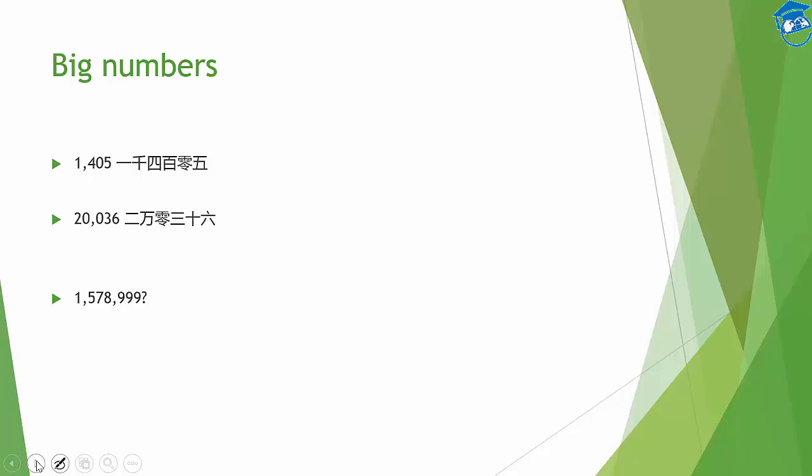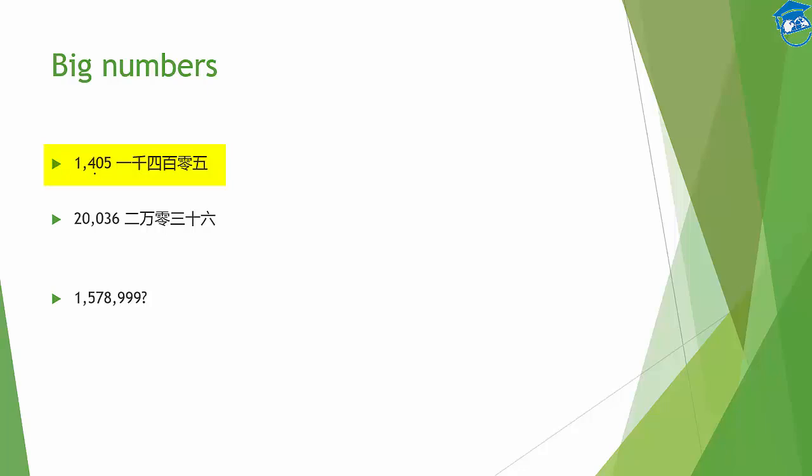Okay, so the first big number is 1405. If you remember it by now, 1000 is 千. So this is 1000, and then 400.